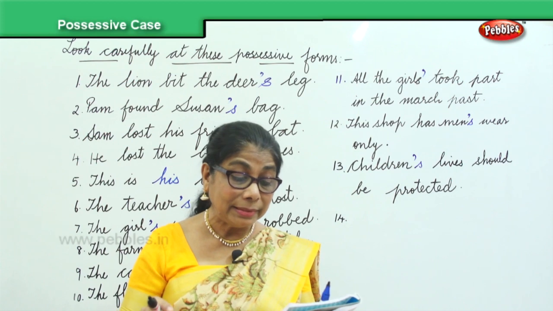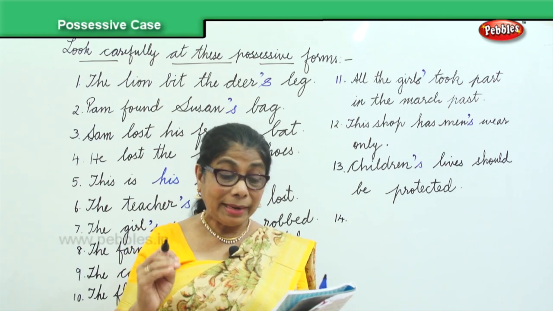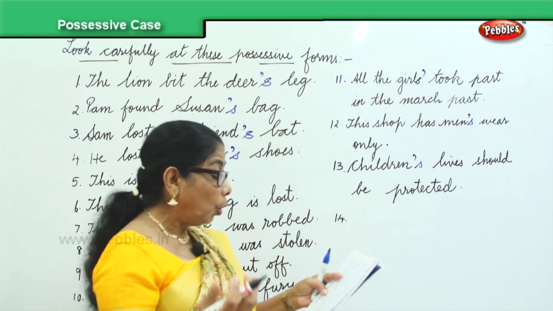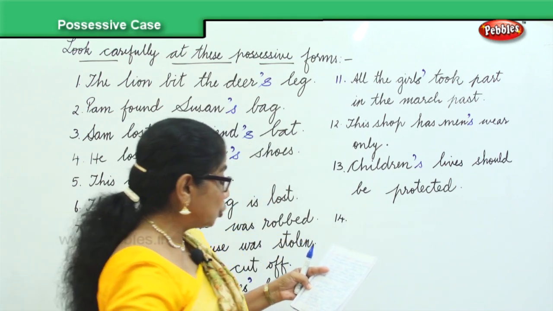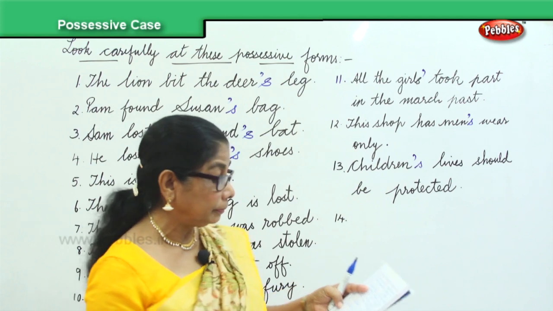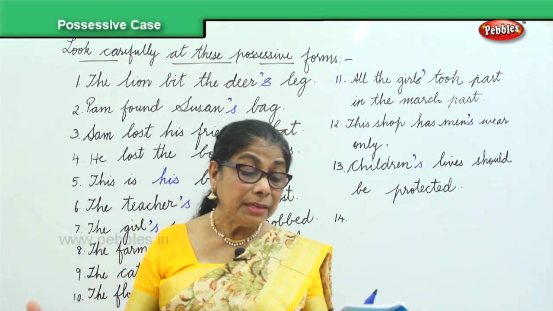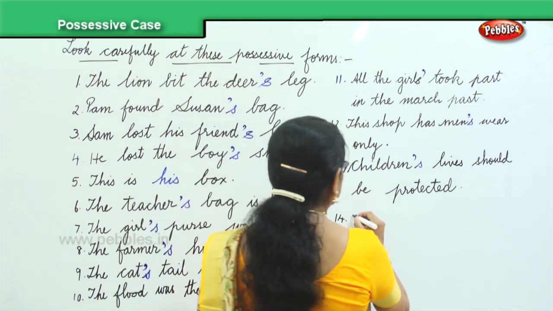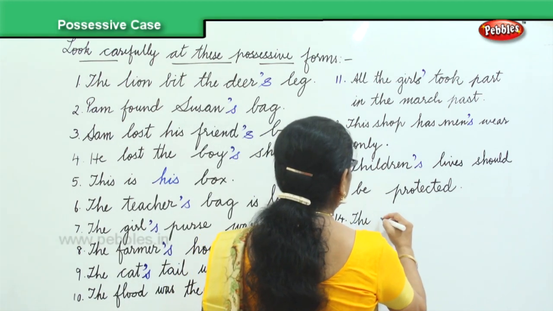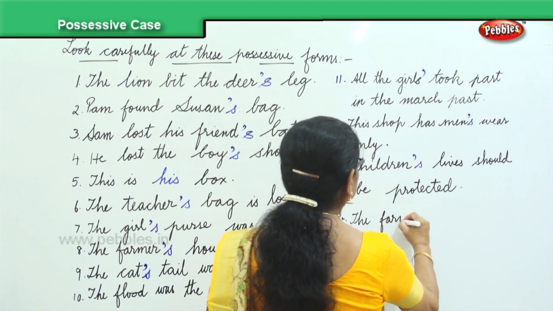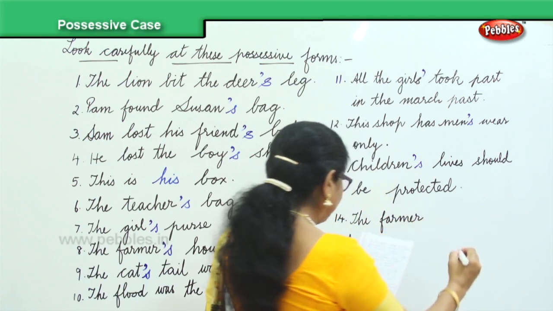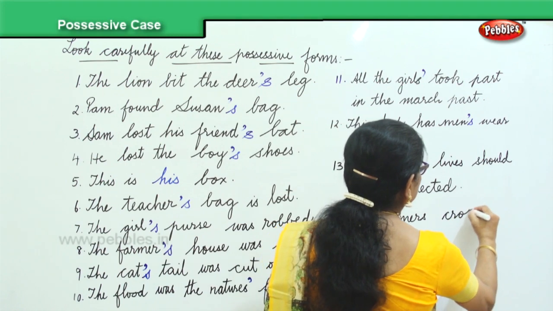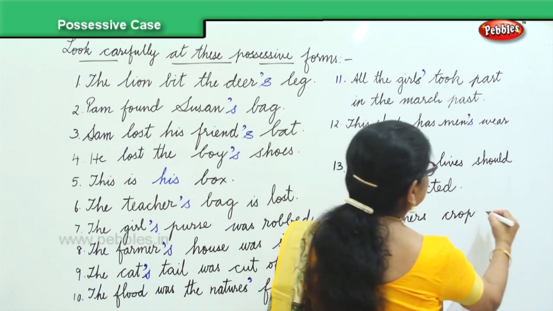All the women in the village took part. So all the women in the village took part in the march. Then the farmers' crop failed. Whose crop failed? The farmers. The farmers' crop failed.